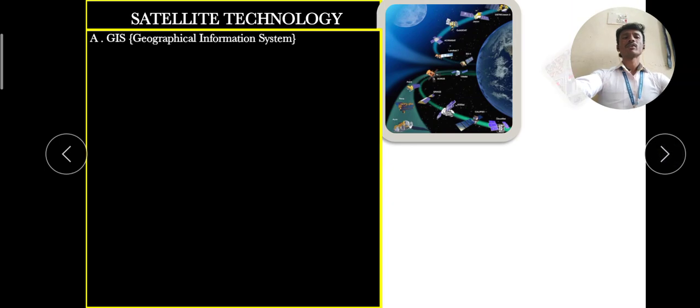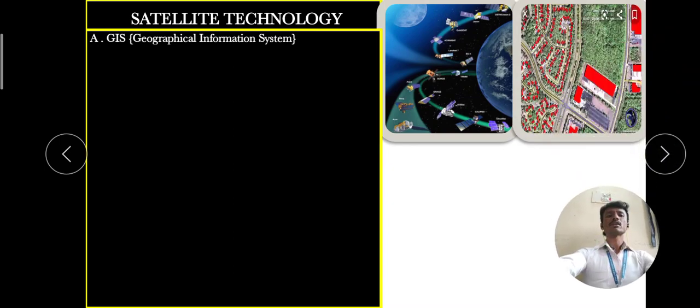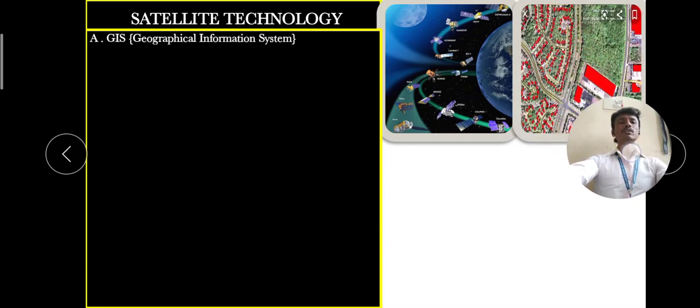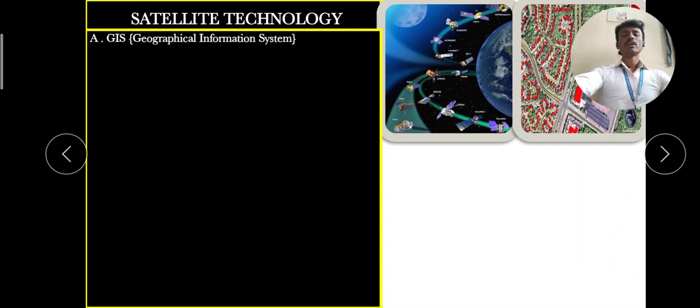GIS. Look here, GIS, Geographical Information System. Why does GIS play a very important role in satellite technology? It is a computer based system. It means depending upon the computer.